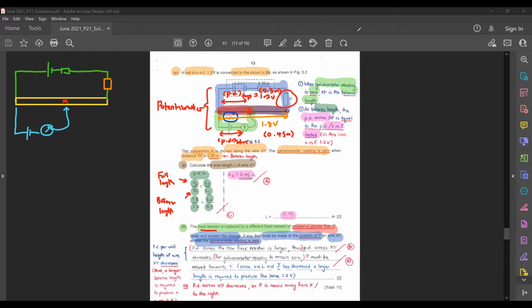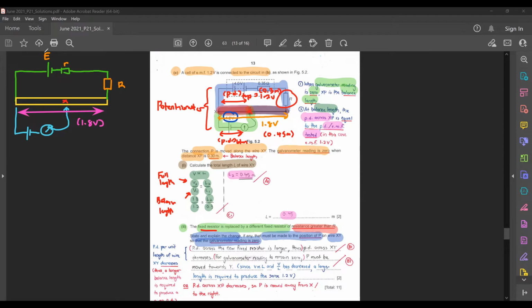All right. So some things to note here would be the PD values across the wire in the first place. Just now, when you look at the early part of the question, it was already mentioned to you that the PD across the full length of the wire is actually 1.8 volts. Okay. So at that point, you had your resistance R here, you have your internal resistance small r here, and you have your EMF E here.